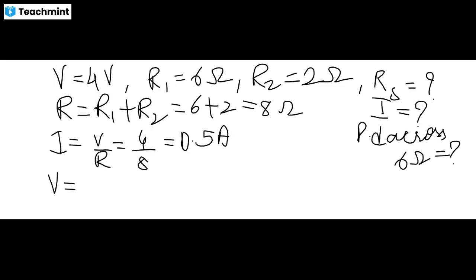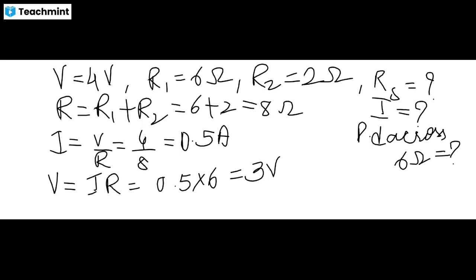V is equal to IR, so V is equal to 0.5 into 6, which is 3 volts. Okay. So these short questions I'm giving, combined you will get them in 5 marks or 4 marks questions.